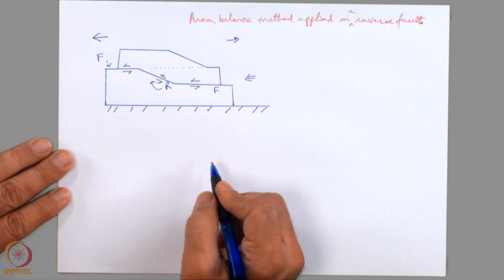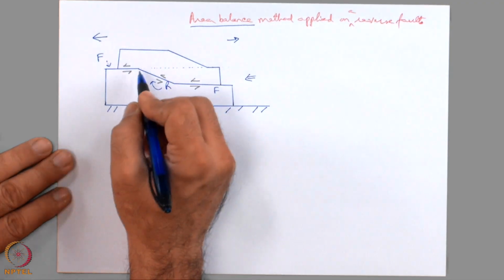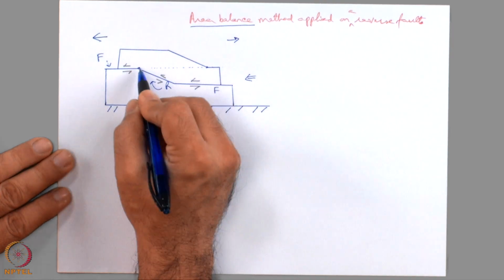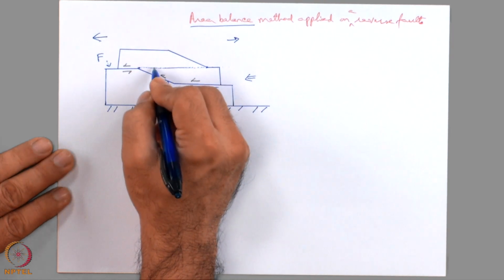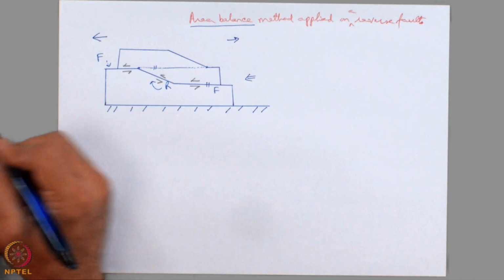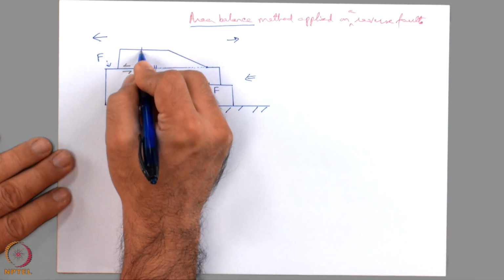From this figure we have to balance the cross section. Let us apply the area balance method. Let us draw a faint line joining these 2 points and in my diagram this line is parallel to that line, the flat. Also in my simplistic diagram this line is parallel to that line.